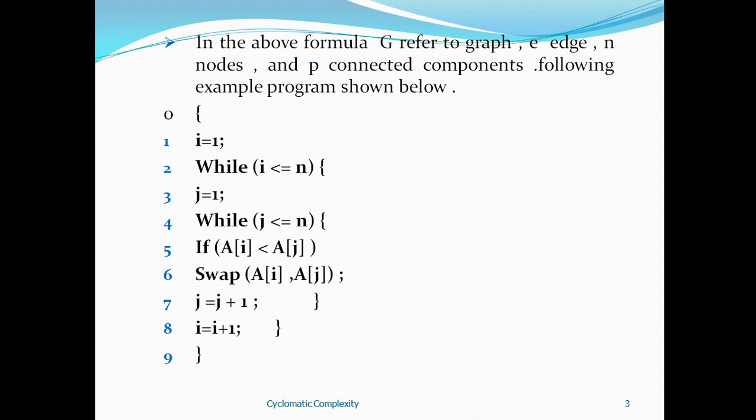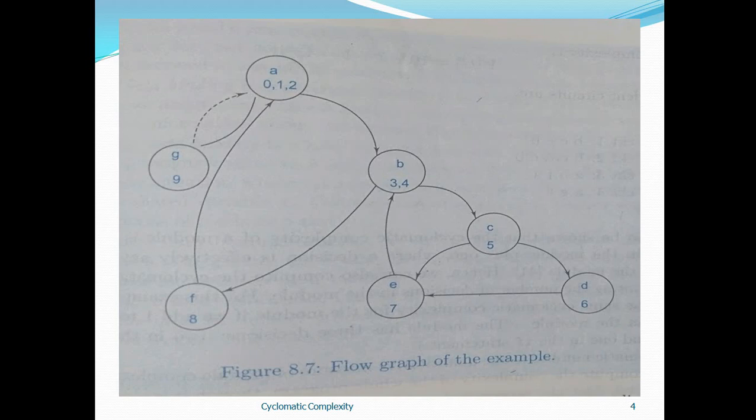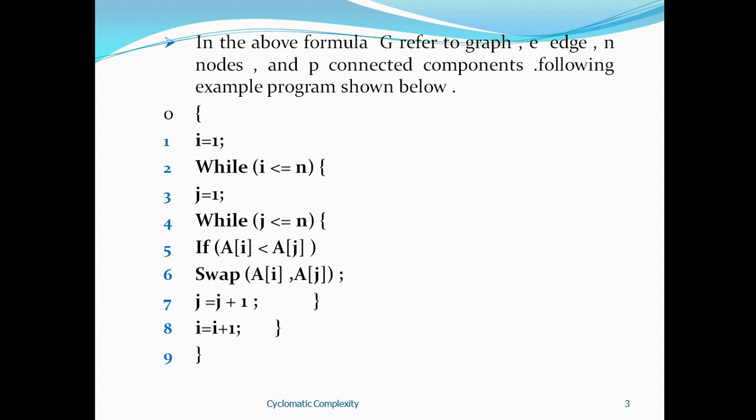Here while, do while, if, swap, and increment and decrement statements are there. These statements perform the specified task. We draw the graph with a separate node for every decision statement.